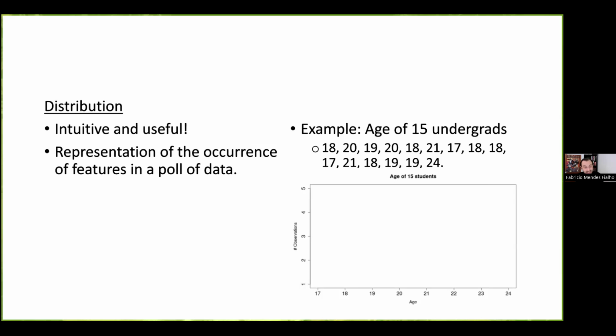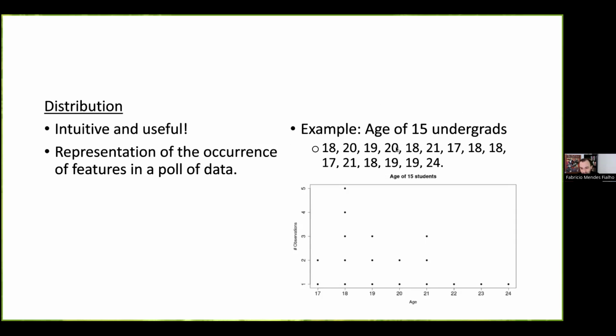We can, as I said, use a graph to report the distribution of age among those 15 undergrads. When we count each one of the ages and see how many students are 17 years old, 18 years old, 19 years old, up to 24, this plot gives us a distribution of how many students reported each number as their age, right?